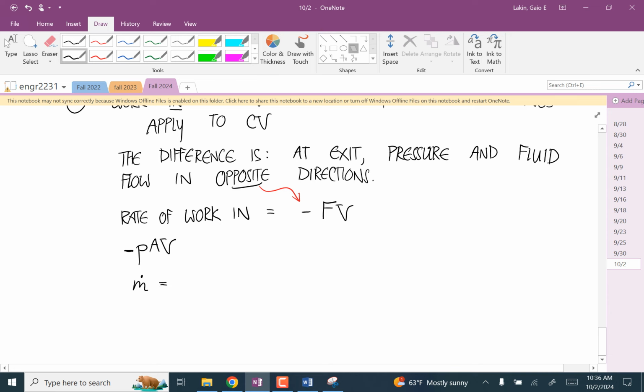M dot, again, is equal to A V over specific volume. And we can use that to calculate the speed.